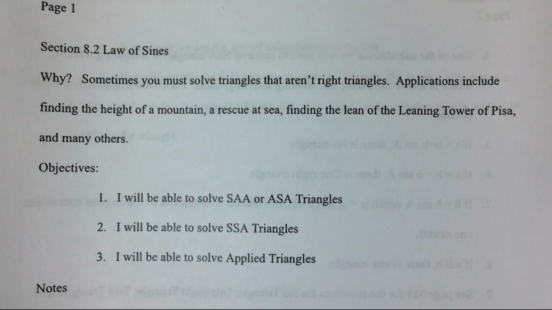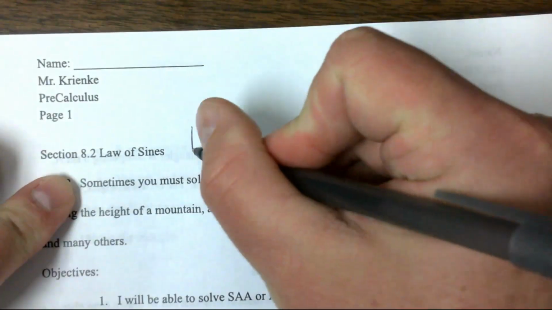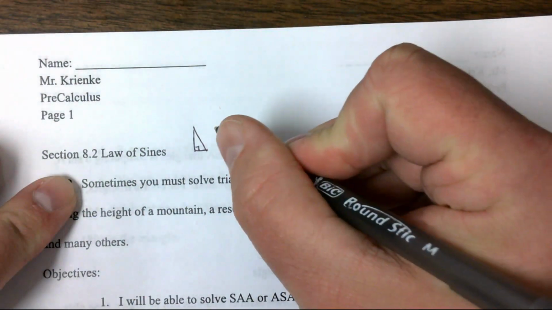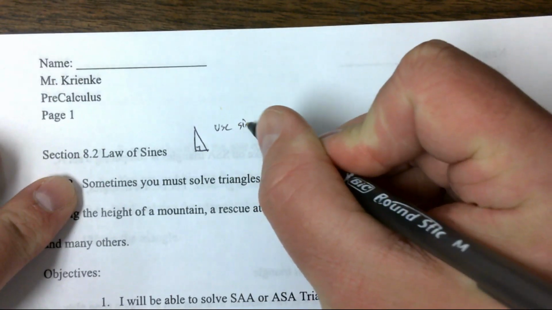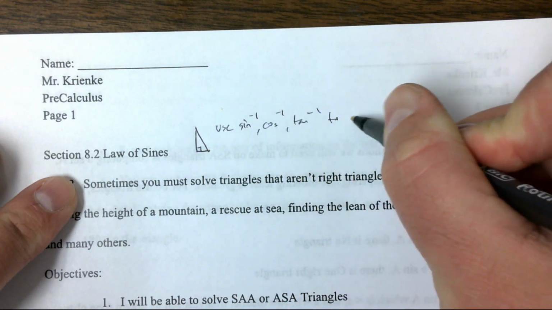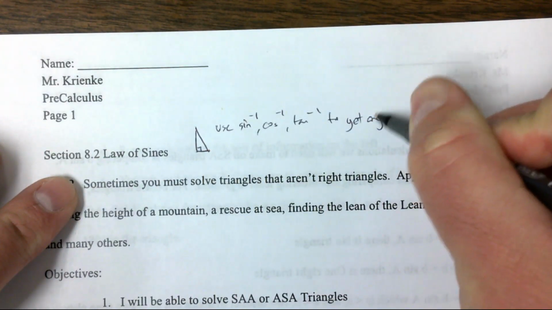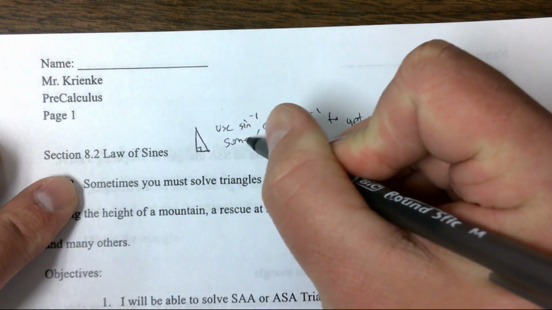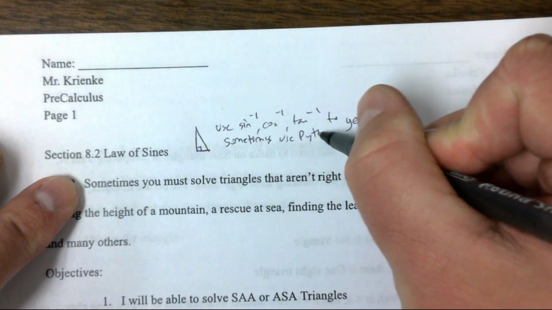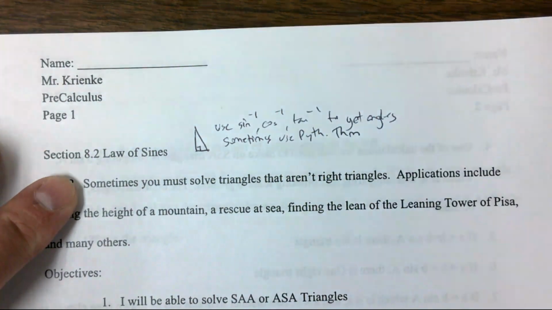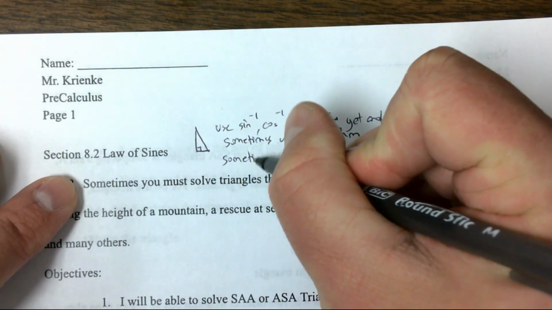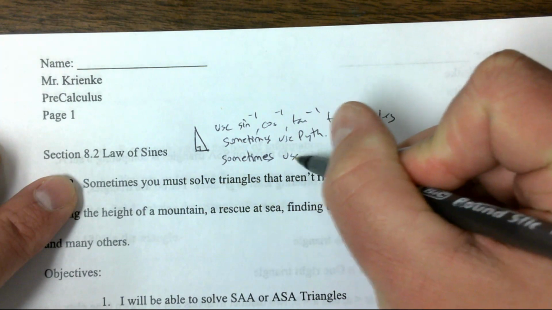So the first thing is, like on the previous lesson, you had ones with right triangles where you could use sine -1, cosine -1, tan -1 to get angles. And sometimes what you did is you used the Pythagorean theorem, and sometimes what you did is use the ratio of sides.